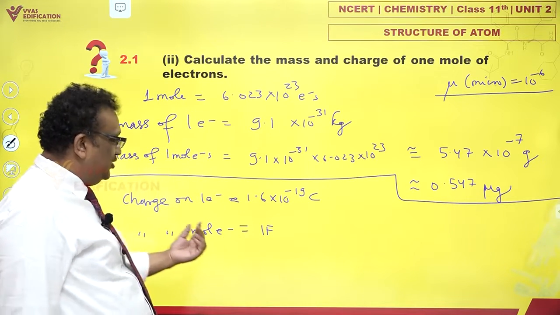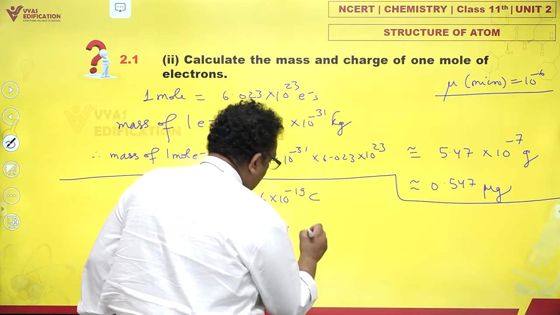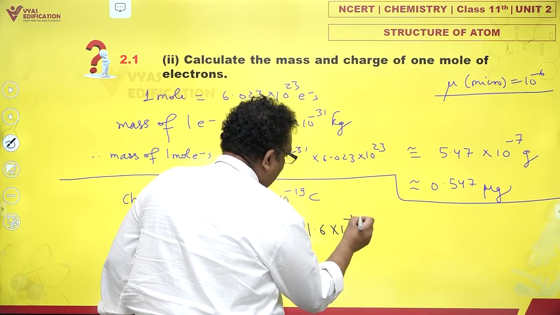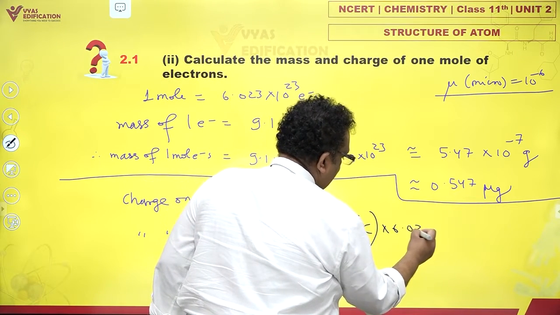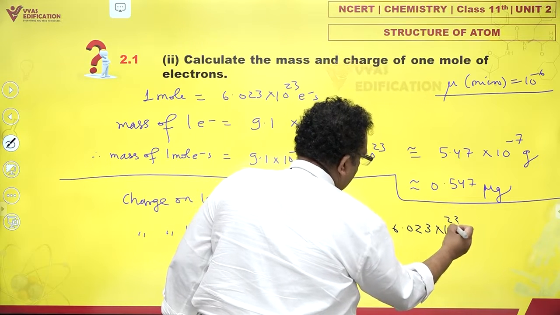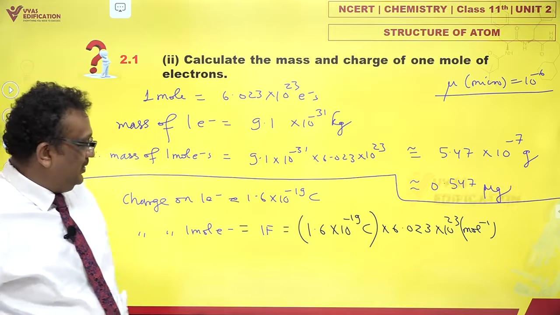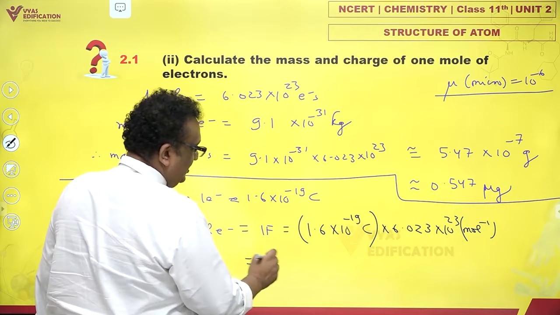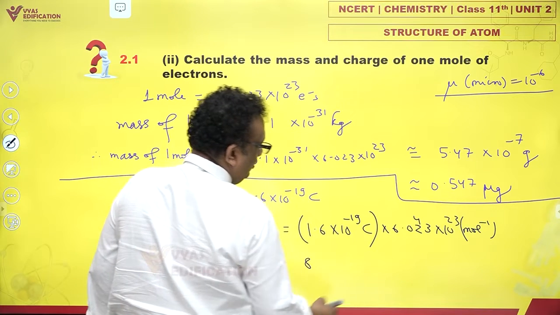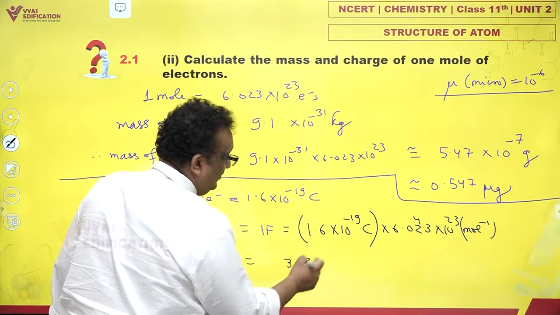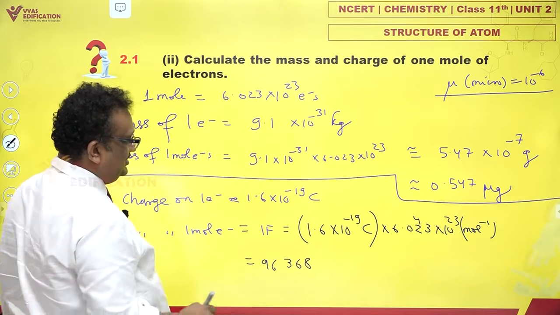So charge on 1 mole of electrons, which is also called 1 Faraday, that would be equal to charge on 1 electron into Avogadro's number. Let's multiply that. How much is that? 16 3s are 48, 16 2s are 32, 36, 16 6 are 96. How lovely is that? Yes.